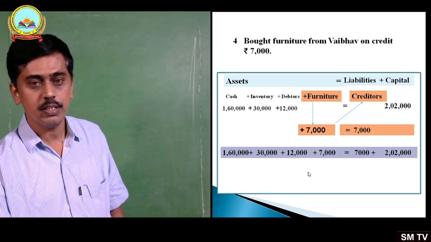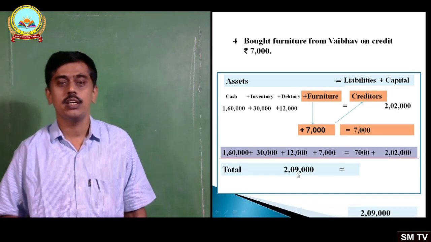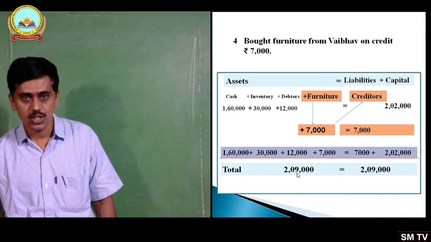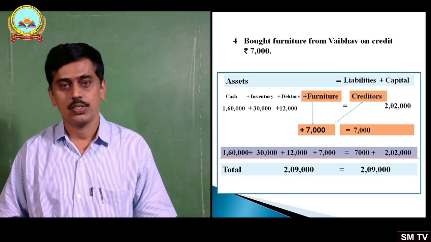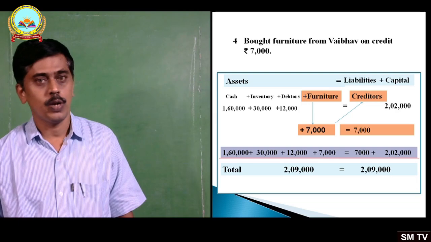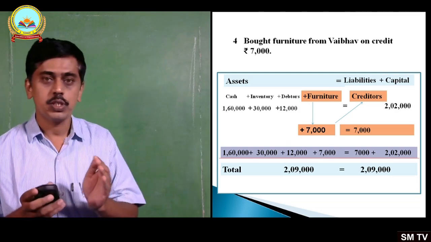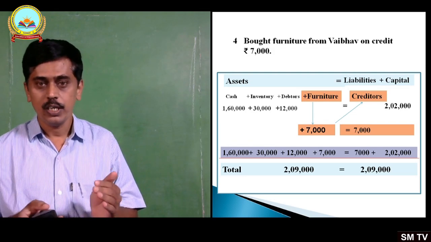Now draw a line and find the total. See that both the sides are equal. How much is it? 1,60,000 plus 30,000 plus 12,000 plus 7,000, that is 2,09,000. Here also 2,09,000. This is how both the sides of the accounting equation are equal. I hope it's very clear.